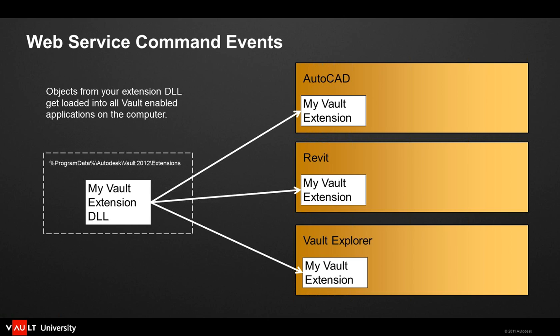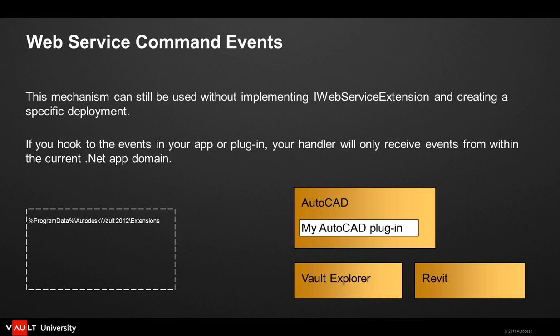Now, that's what it looks like if you want to hook into every application on a computer. However, there's another way of doing it, which is, let's say you just want to hook into AutoCAD. You just want to do things when AutoCAD adds in a file, and you don't really care about any other application.